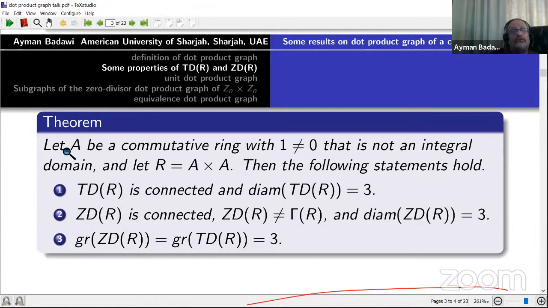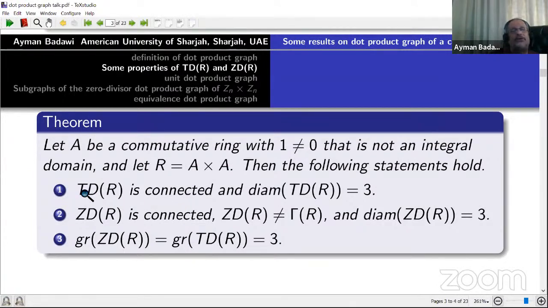Let A be a commutative ring with 1 not equal 0, that is not an integral domain, and you take R, the product of these two rings. Then the following statements are equivalent.